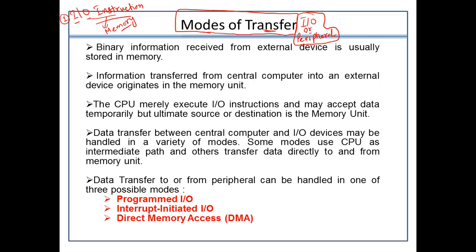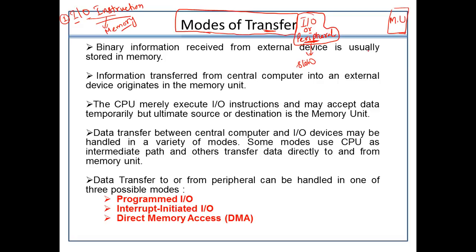So the ultimate or sole purpose is that all the IO instructions will be executed, or their entire purpose is to reach this memory unit. But just because these peripherals are very slow devices in comparison to the memory or the processor, we cannot directly provide access to the main memory.